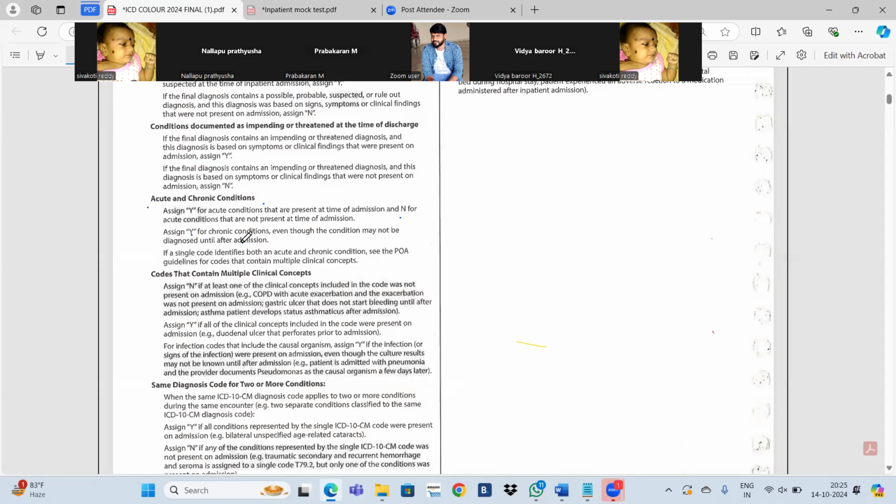Acute conditions depend on when the condition developed. For chronic conditions, default Y. Clear?